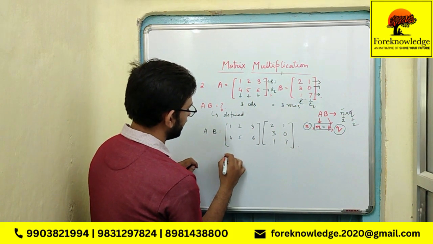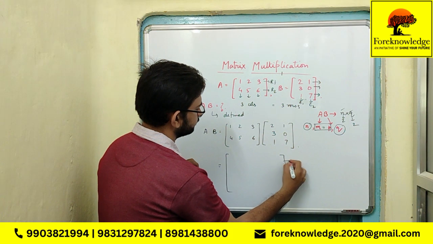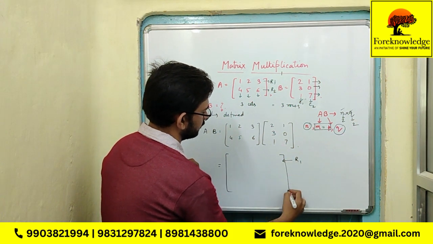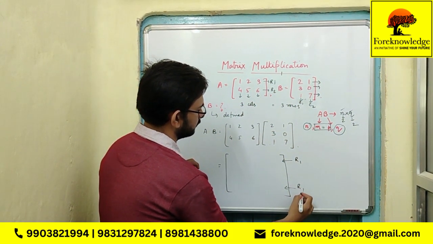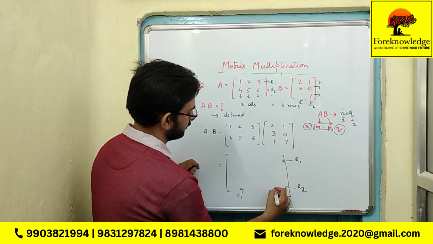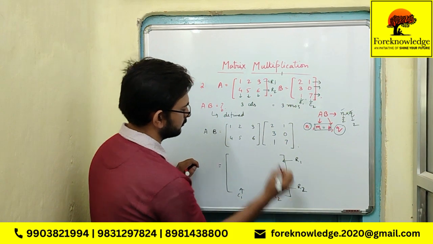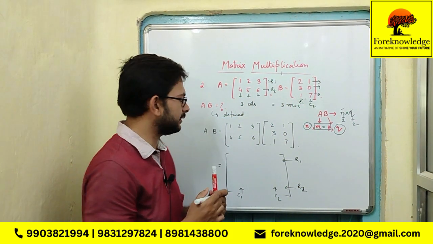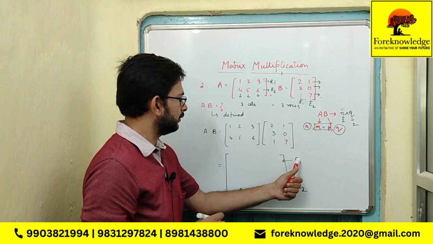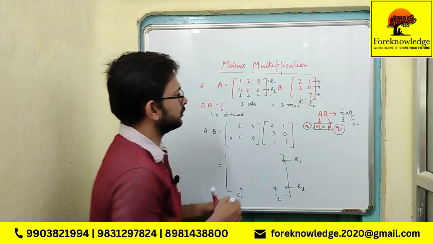So the final output will have 2 rows, row 1 and row 2, and 2 columns, column 1 and column 2. In the final matrix AB, we will have 2 rows and 2 columns according to this concept.